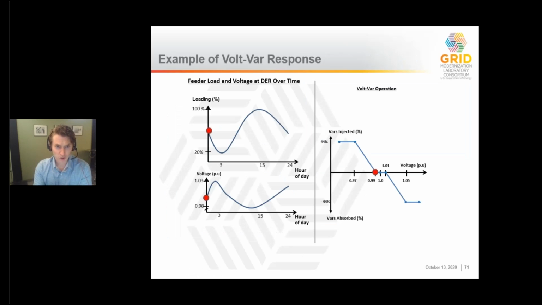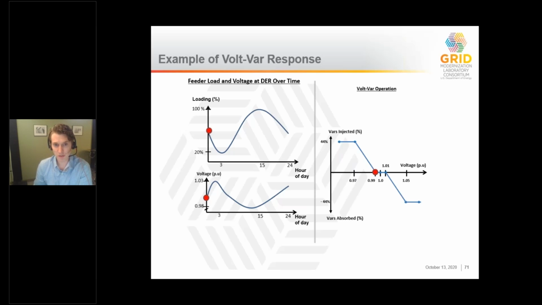And looking at an example of how this would operate dynamically over time, we're going to show a brief animation here, but I'll orient us to what these different graphs are before we hit go on it. Starting in the upper left, this is showing simplified loading of a distribution circuit over time.